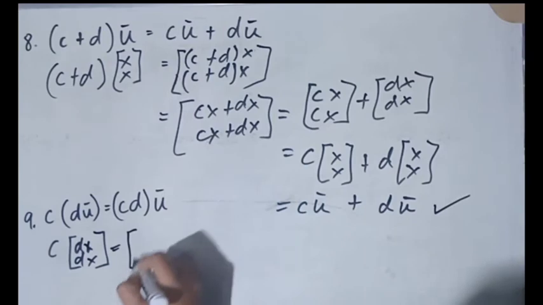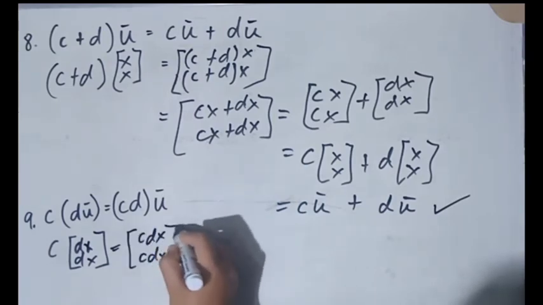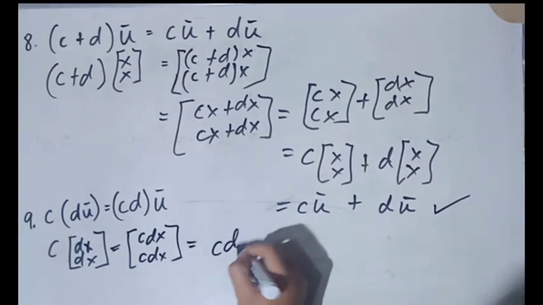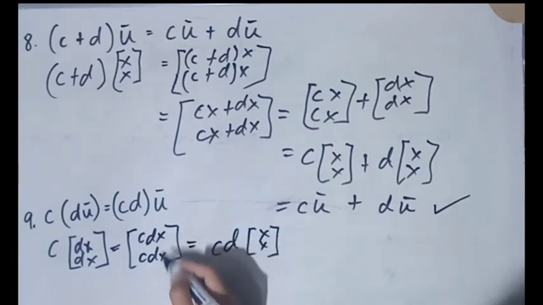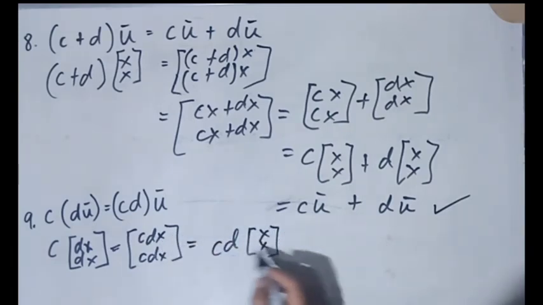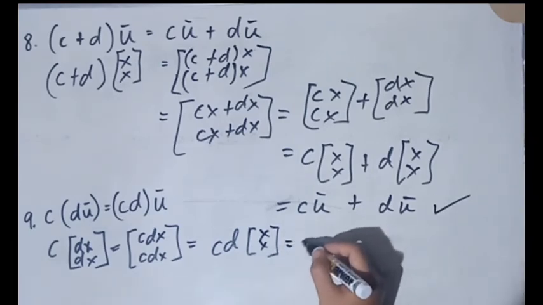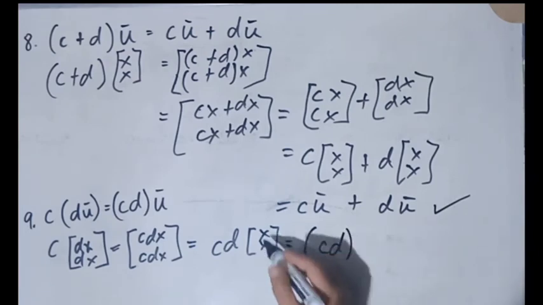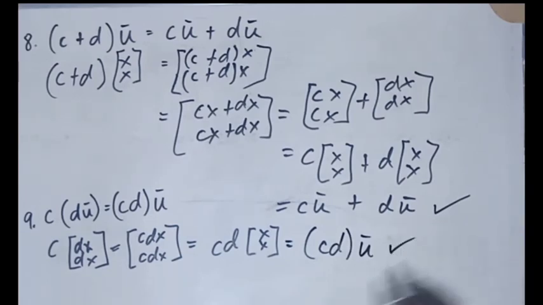So that is (cdx, cdx), which is the same as cd times (x, x). Just extracted d from the vector, and that is also the same as cd times U. So that is property number 9.